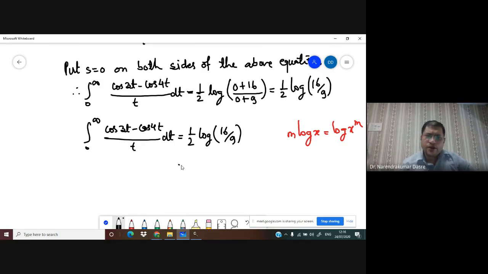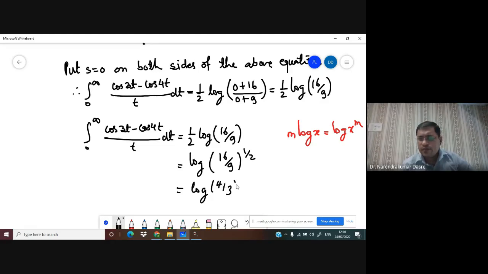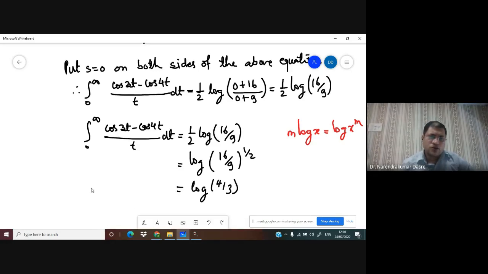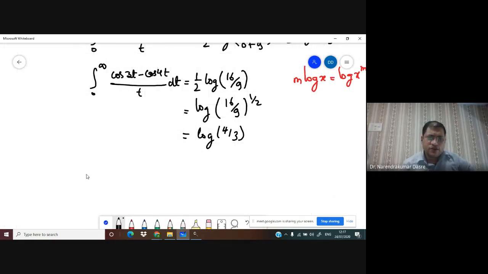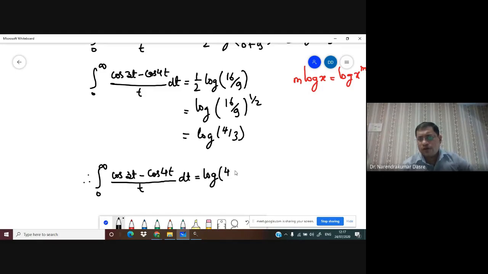And so we can write this as log of 16 by 9 raised to half. So it is going to be log of 4 by 3. Okay. So we got the value of this integral, hence integral 0 to infinity cos of 3t minus cos of 4t upon t dt is equal to log of 4 by 3.